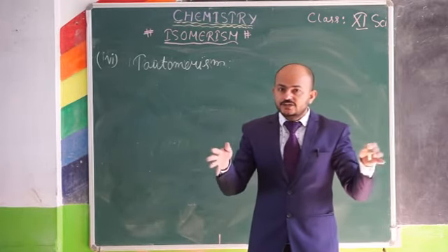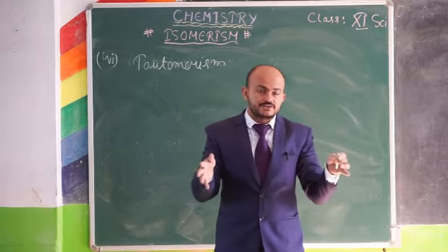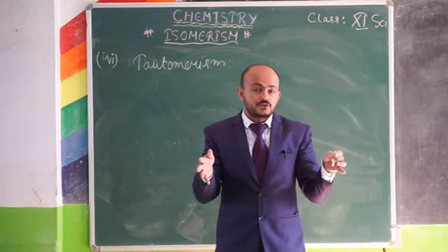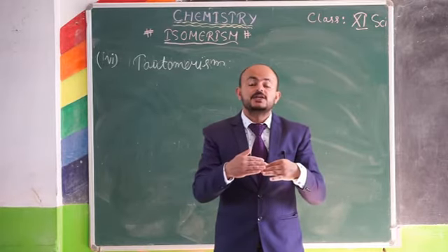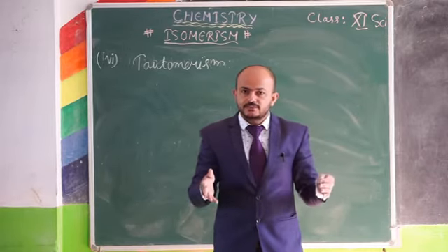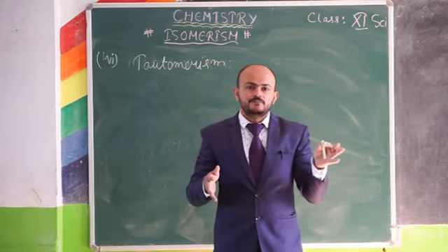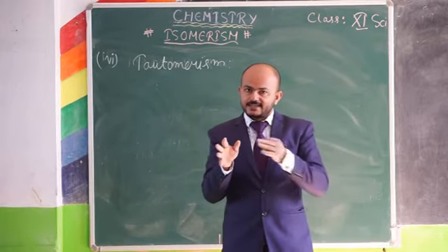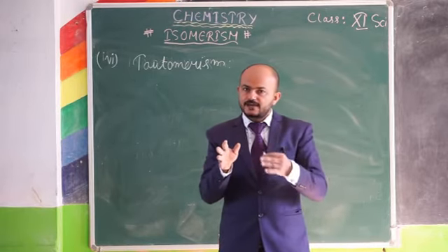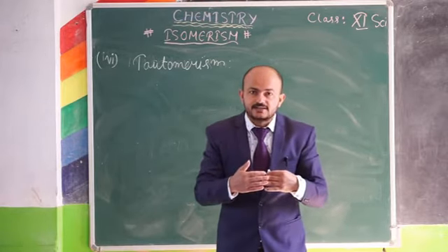Okay? But now here you have to listen carefully. These two different structures, which are tautomers, if they have to be tautomers, they have to stay in dynamic equilibrium. Do you understand what dynamic equilibrium is? Dynamic equilibrium means this one form will be converted to the other form, and this form is also at the same time converting to this form. That means there is a reversible sign.